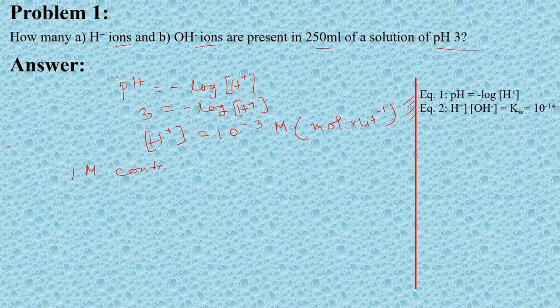Now, we know that a solution of 1 molar contains 6.023 into 10 to the power 23 ions.